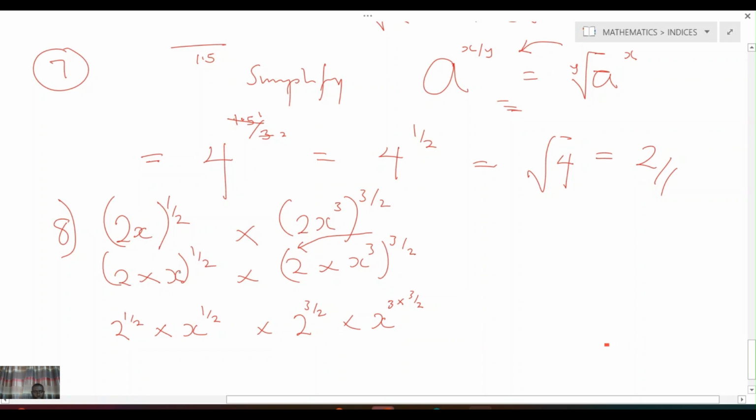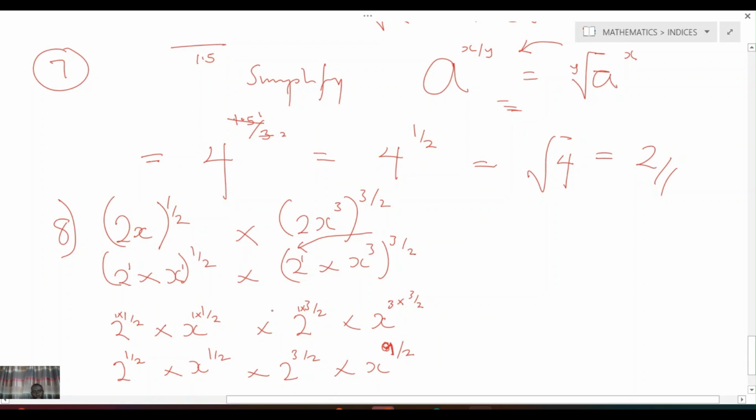Don't forget that all these ones have 1 as their power. So this one just means 1 times, we just didn't write it there. And this will be equal to 2 raised to power 1 over 2 times x raised to power 1 over 2 times 2 raised to power 3 over 2 times x raised to power 3 times 3 over 2, which is 9 all over 2.